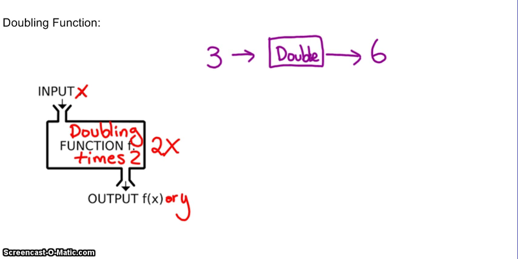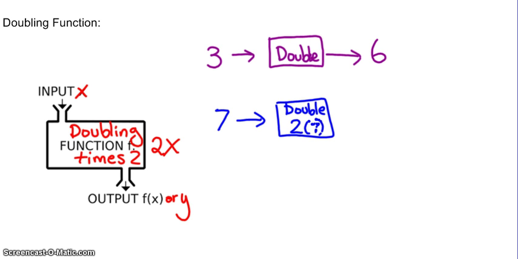So let's do another number in this doubling function and see what we get. So what if I had another number, let's say 7, and I put it in the doubling function? Well, that would mean 2 times my input, or 2 times 7, and if I do the work, that's 14. So my output will be 14. Okay? Now I don't just have to put in positive numbers. Notice that 3 and 7 were both positive. I can also have my input be a negative number. So what if I had negative 4?